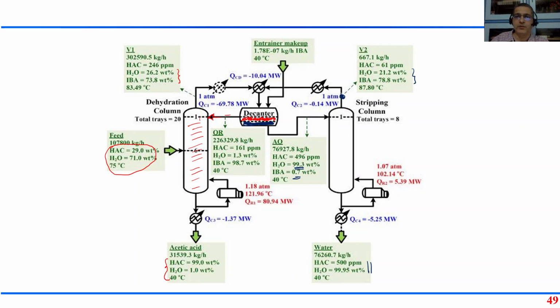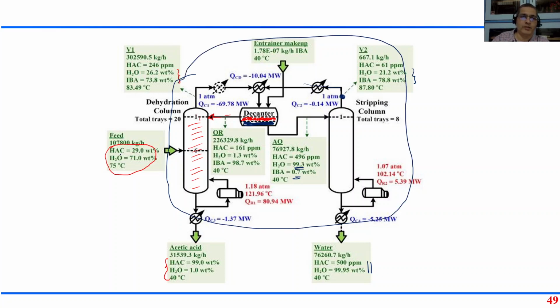So now this azeotrope, I send it to the condenser. It condenses into two phases, isobutyl acetate, which I recycle. Water goes to this column. So you see, now this is my whole plant. I have separated acetic acid and water into two essentially pure streams.